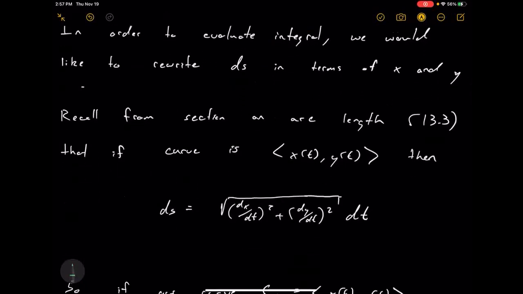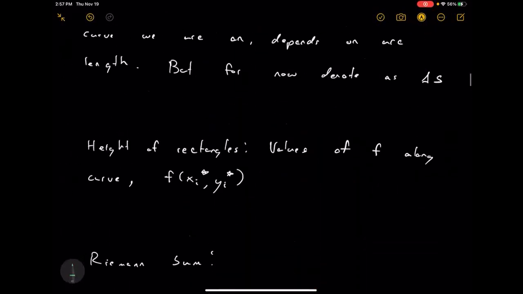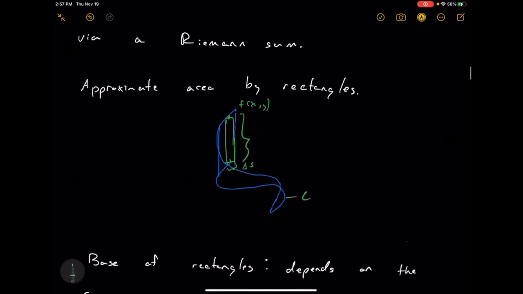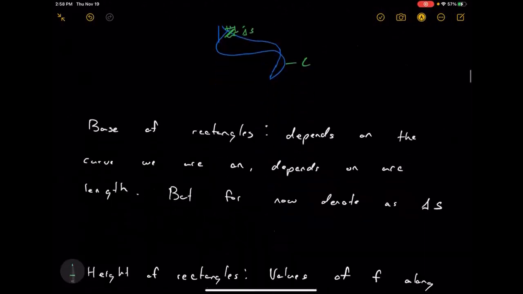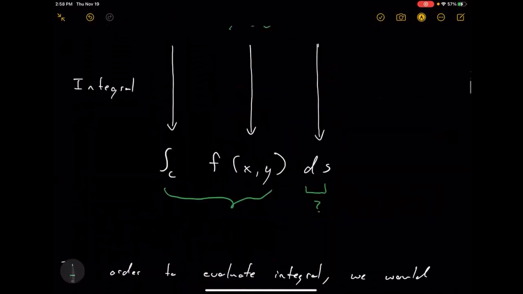Think about that ds as the length of that rectangle along this curve. So it's like the length of the curve along this section. So it should be related to arc length somehow, right?